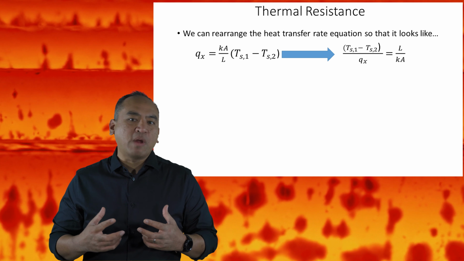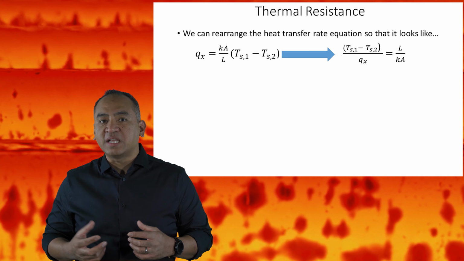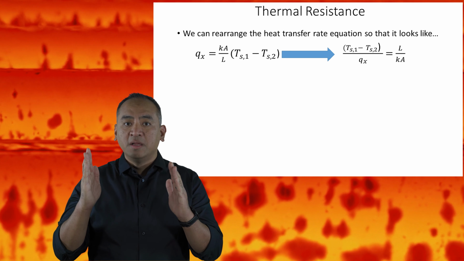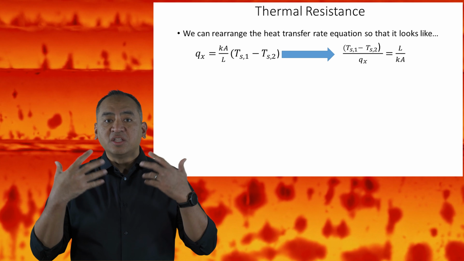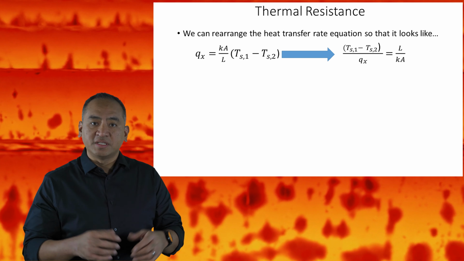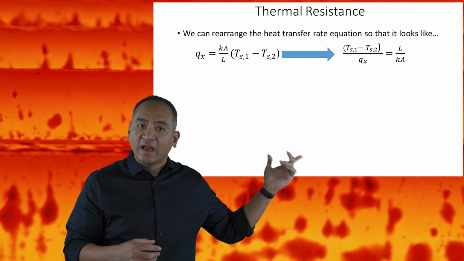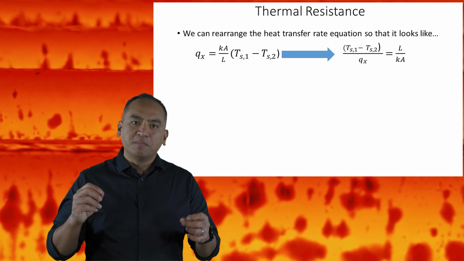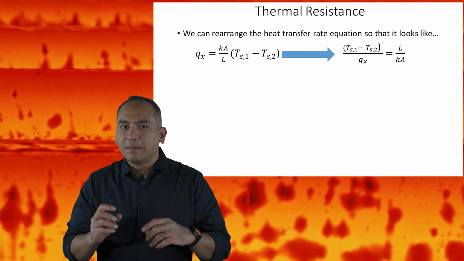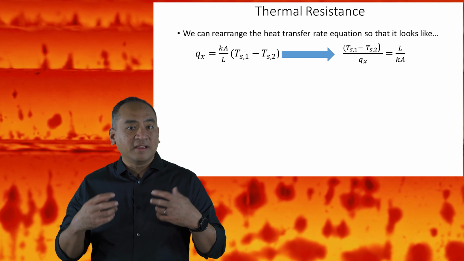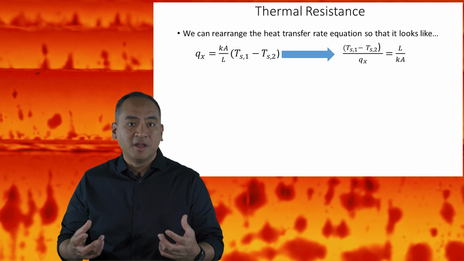We can rewrite the equation so that we have the temperature drop from one side of the wall to the other side of the wall divided by the heat transfer rate Q sub x. This equals the thickness of the plane wall divided by thermal conductivity times area. Some of you may already be seeing this, but there's an analogy between the transfer of heat and the transfer of electrical charge.